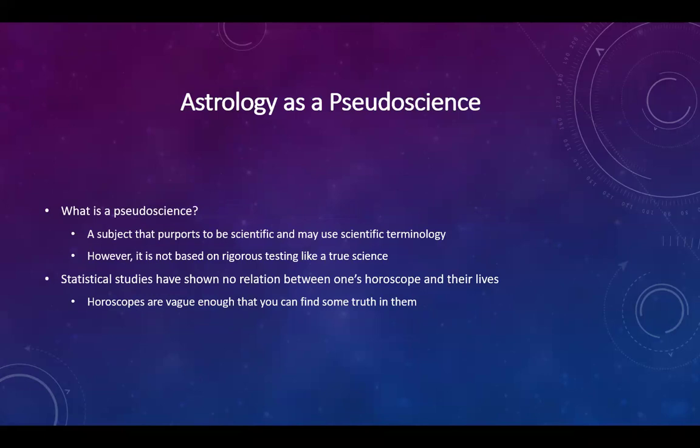So astrology is a pseudoscience. It's a subject that purports to be scientific, uses a lot of scientific terminology, but it's not based on rigorous testing like a true science. The trick for pseudosciences is that they sound like science, they use sciencey words, but nothing is really being tested.